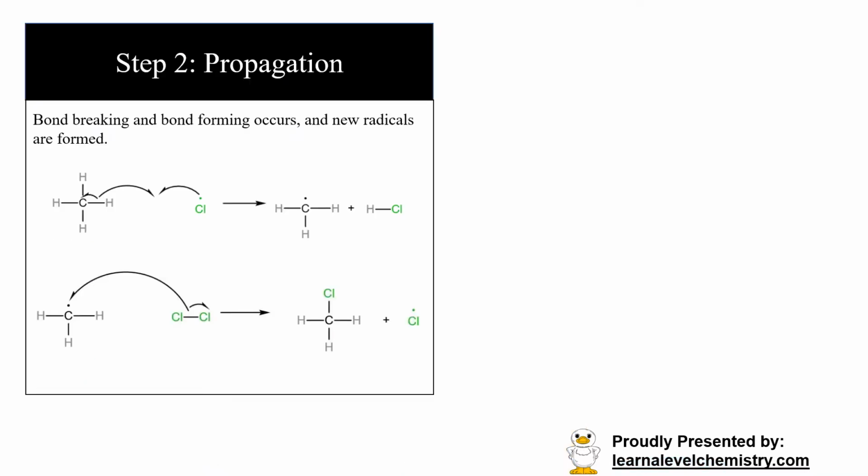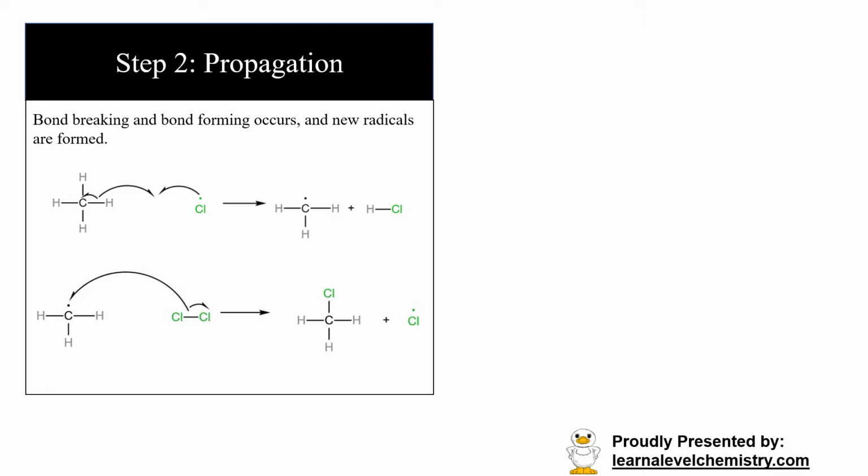So recall for the free radical substitution of alkanes, it involves 3 steps. The first step is initiation, where the halogen like Cl2 undergoes homolytic fission to form free radicals of chlorine. Then you have the second step, which is propagation, which forms even more radicals.